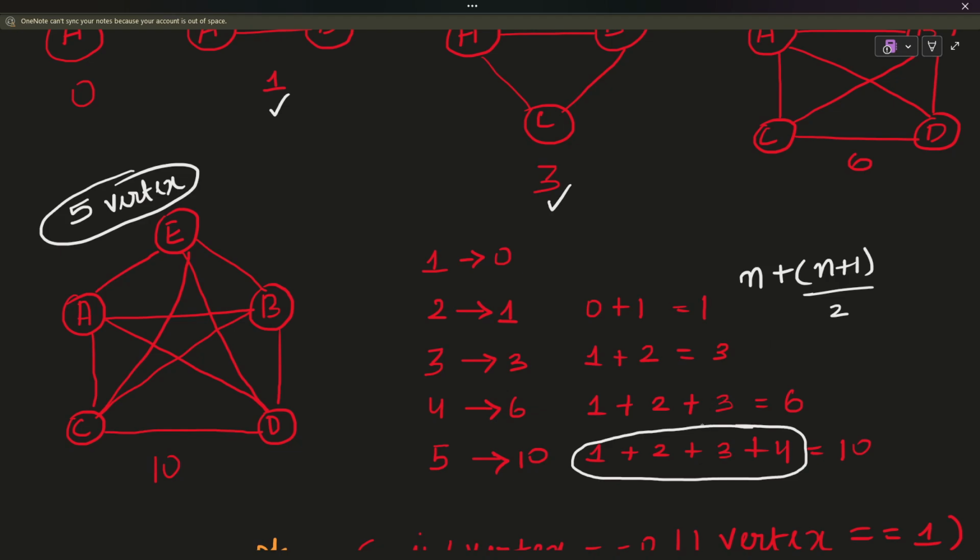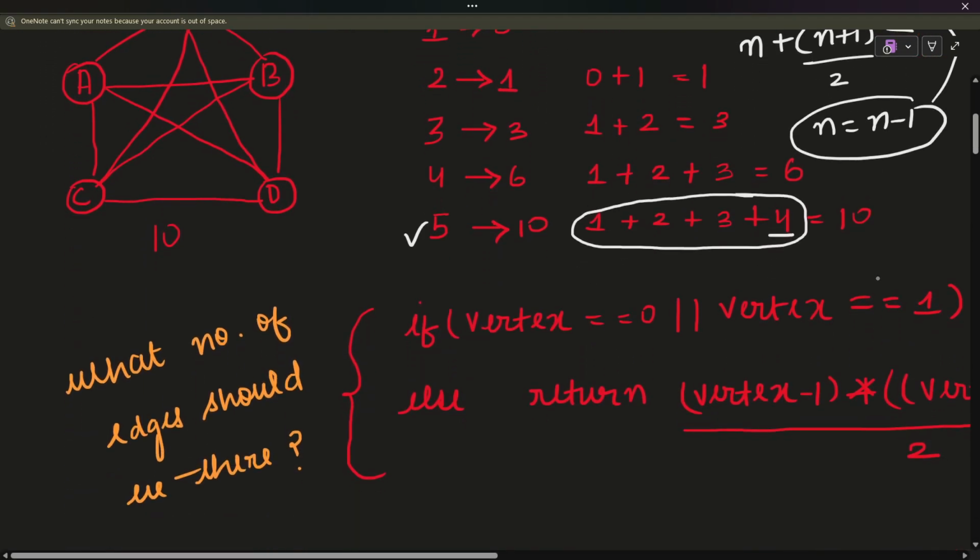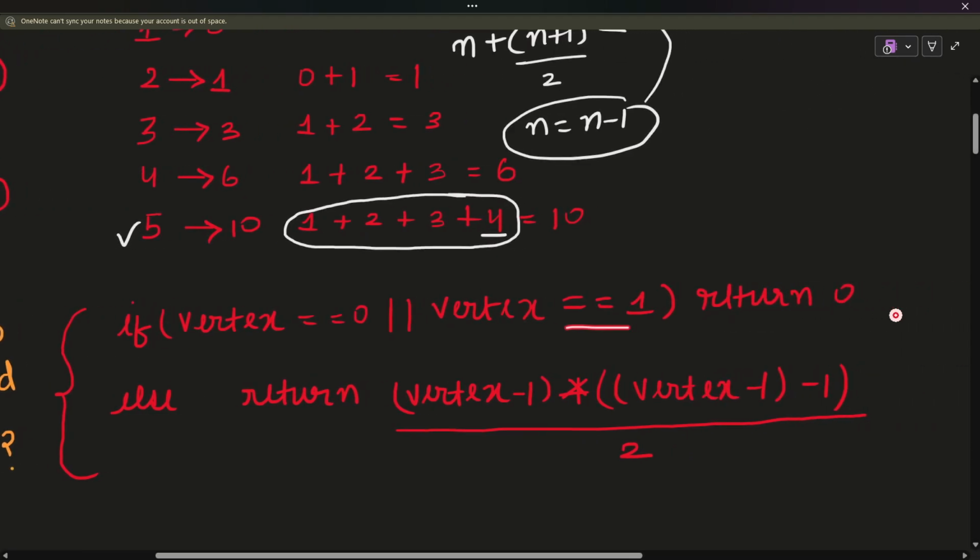But for 5 we are going till 4, so n equals n minus 1. For this we can calculate. See, if vertex count is equal to 0 or equal to 1, we will have 0 edges.